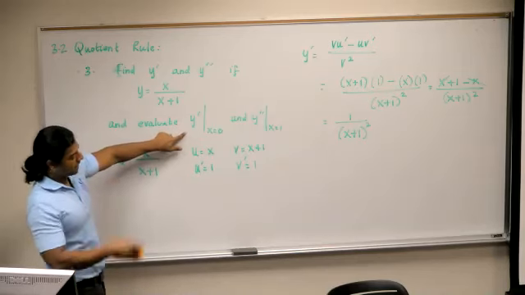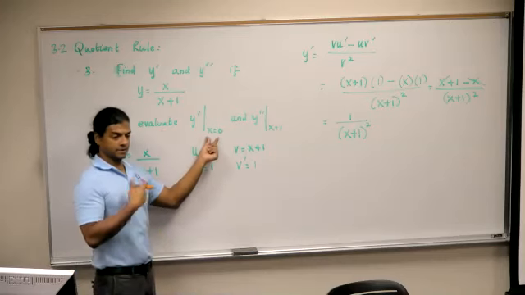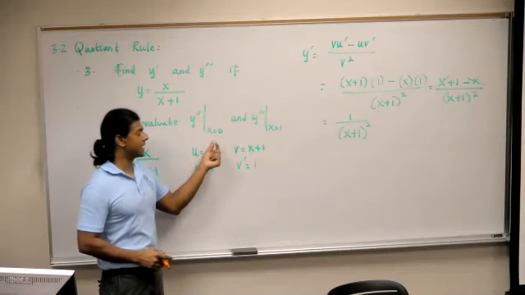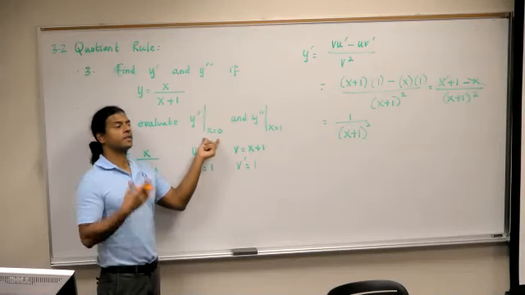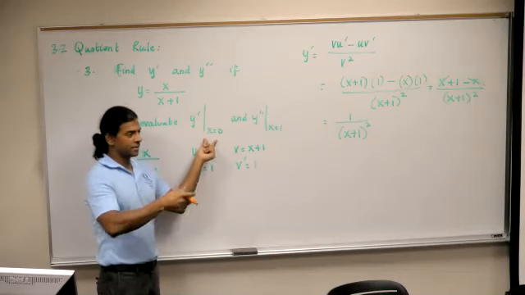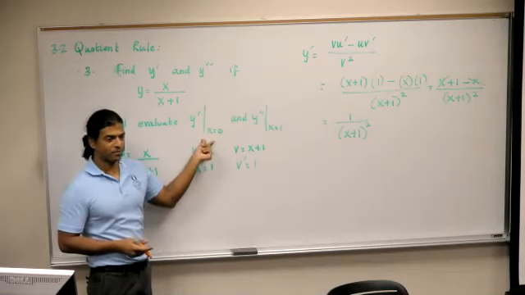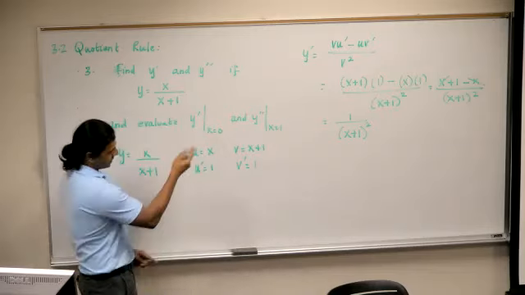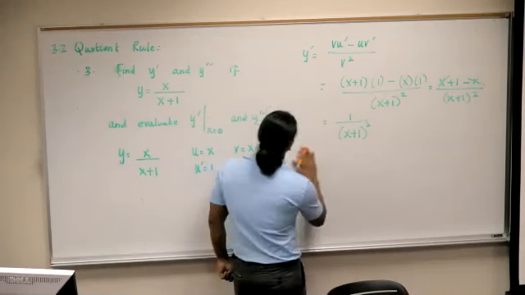y prime vertical dash x is equal to 0, or dy over dx vertical dash x is equal to 0, simply means you're taking the derivative and then evaluating at x equal to 0. This is standard notation. If you do differential equations, you will see this again.